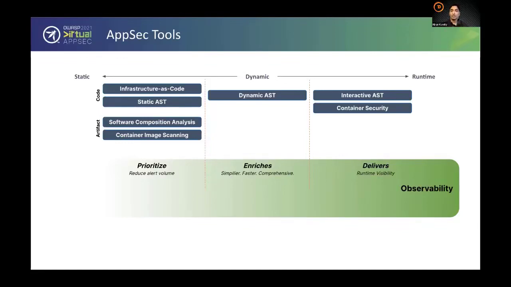So the recommendation here is, no matter which set of tools you use, and no matter whether you use multiple different vendors or one vendor, think about using observability to deliver runtime value, to improve your DAST scan behaviors, simplicity and comprehensiveness, and also improve your software composition analysis and other tools to prioritize and reduce the alert volume.